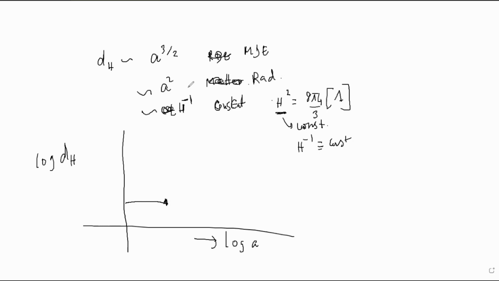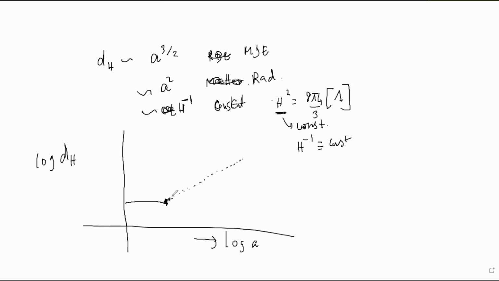Yes. So you tell me how the horizon size will go in radiation dominated era, how the slope will be in log dH versus log A. So this is a medium slope, that means it goes as A, but in radiation it goes as A squared. So what will be the slope? A little bit higher or lower?